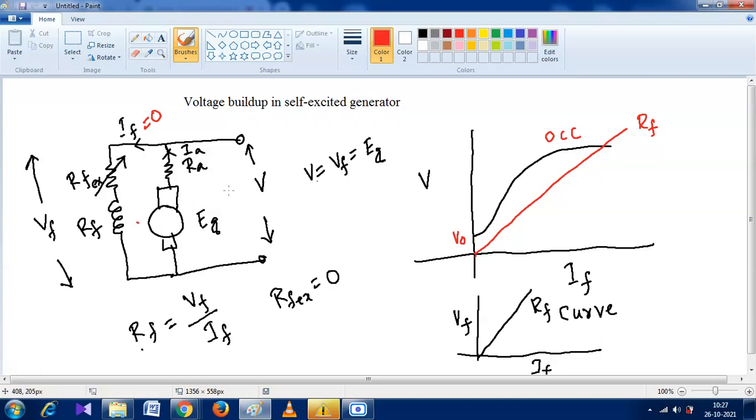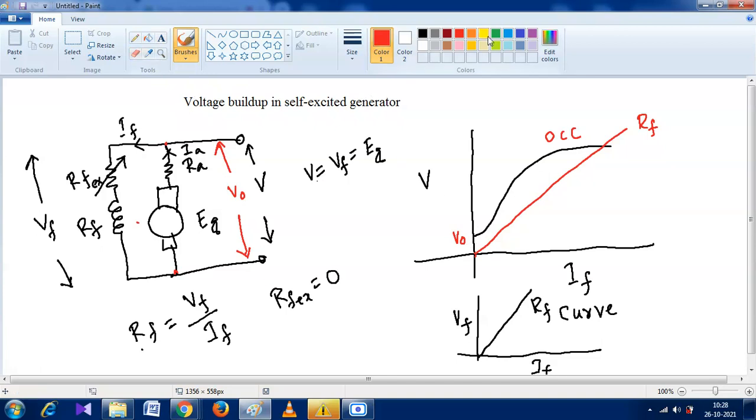The voltage across these two points, from the armature, is V0. Due to V0, there should be some field current, not zero.